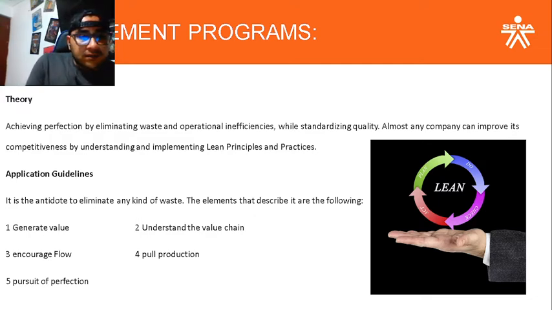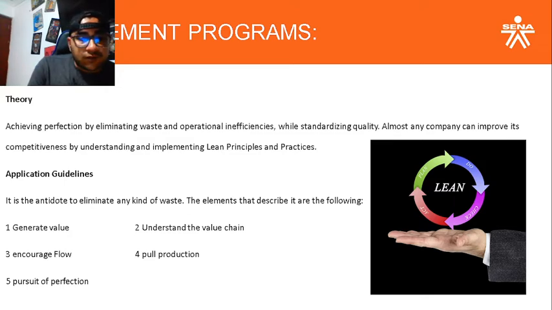Application guidelines. Lean is the antidote to eliminate the king of waste. The elements that describe it are the following: 1. Generate value. 2. Understand the value chain. 3. Encourage flow. 4.